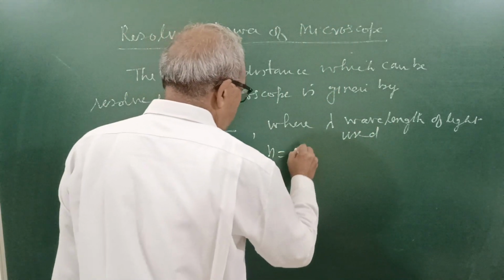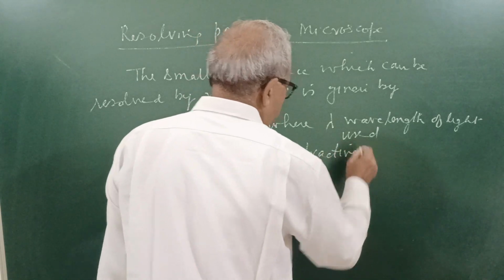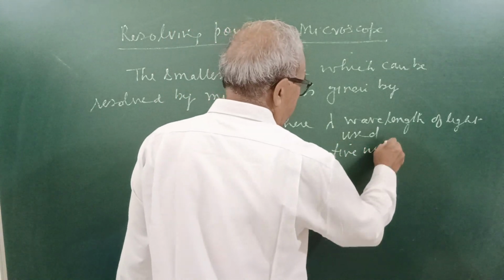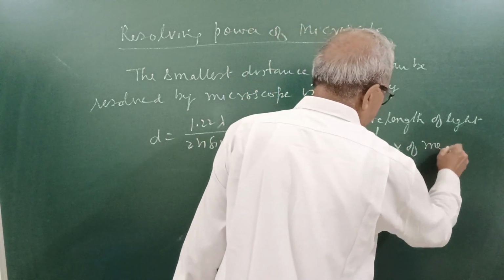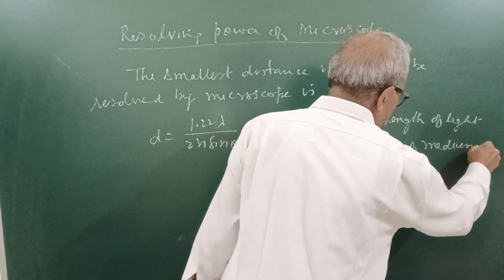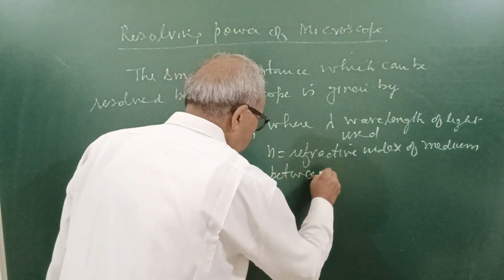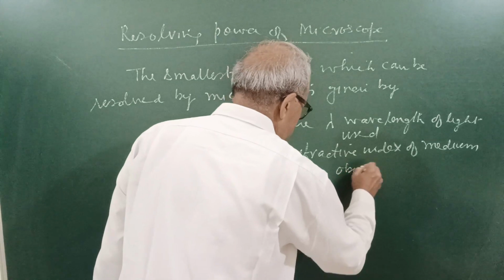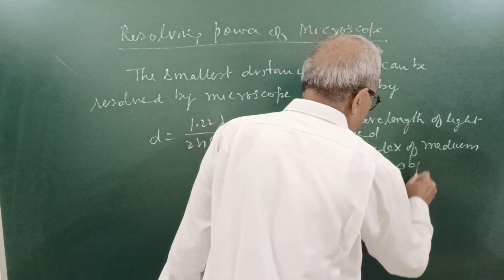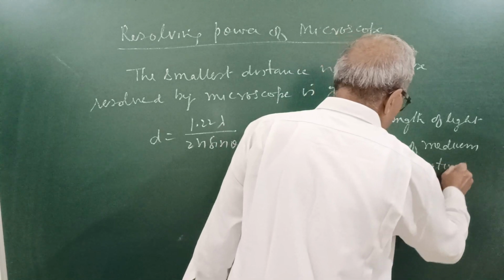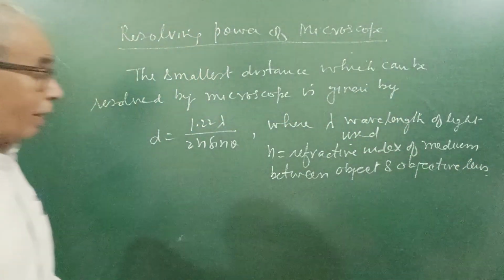And n is the refractive index of the medium between the object and the objective lens of the microscope.